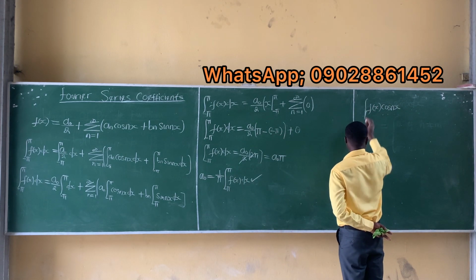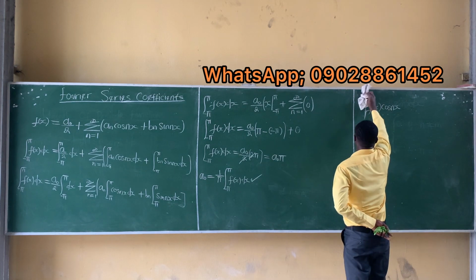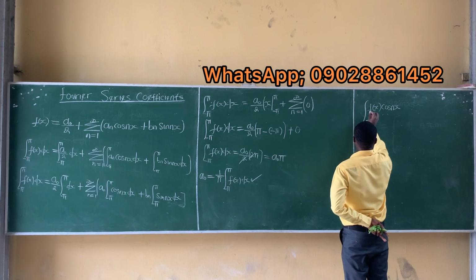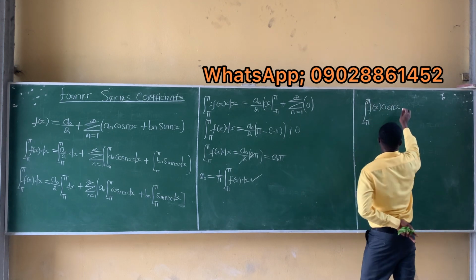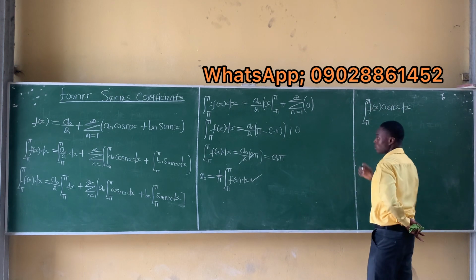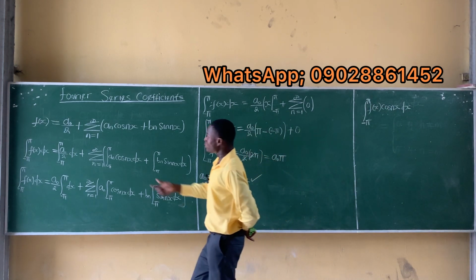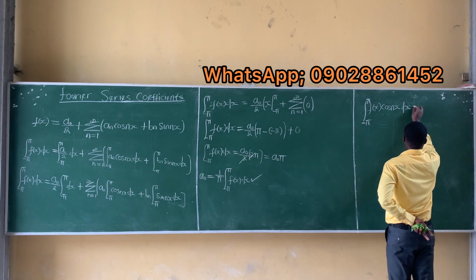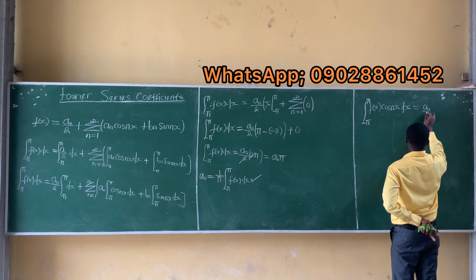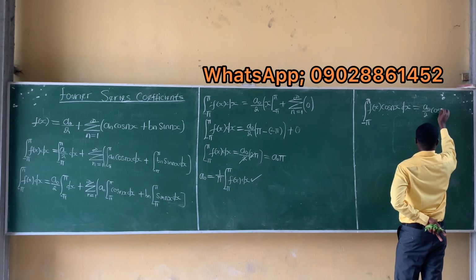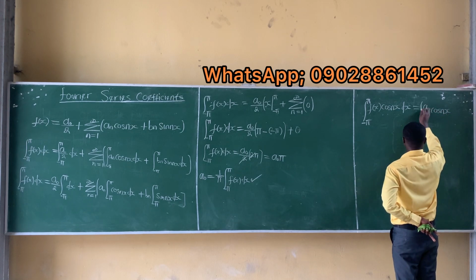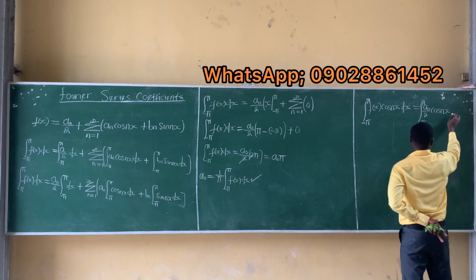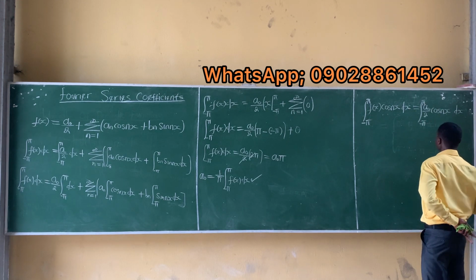The integral from minus pi to pi with respect to x. So this is what we have. Also, if we multiply a naught over 2 with cos nx, we have a naught over 2 cos nx, and then integrate from minus pi to pi with respect to x.